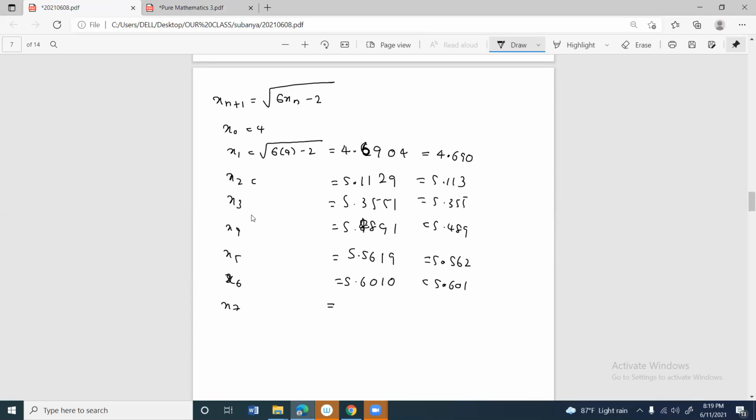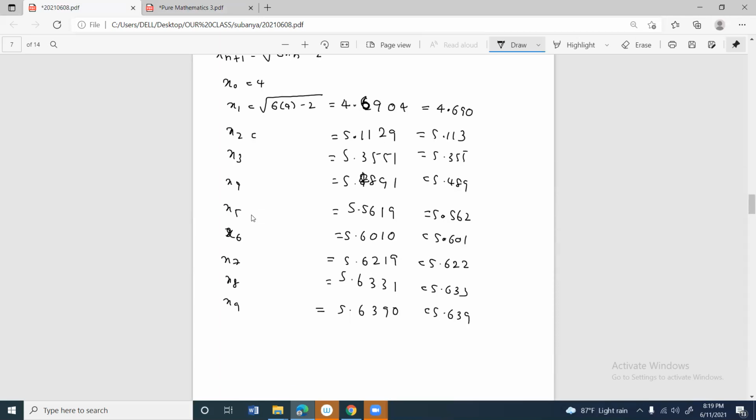x_7 is 5.6219, that is 5.622. x_8 is 5.6331, that is 5.633. x_9 is 5.639.